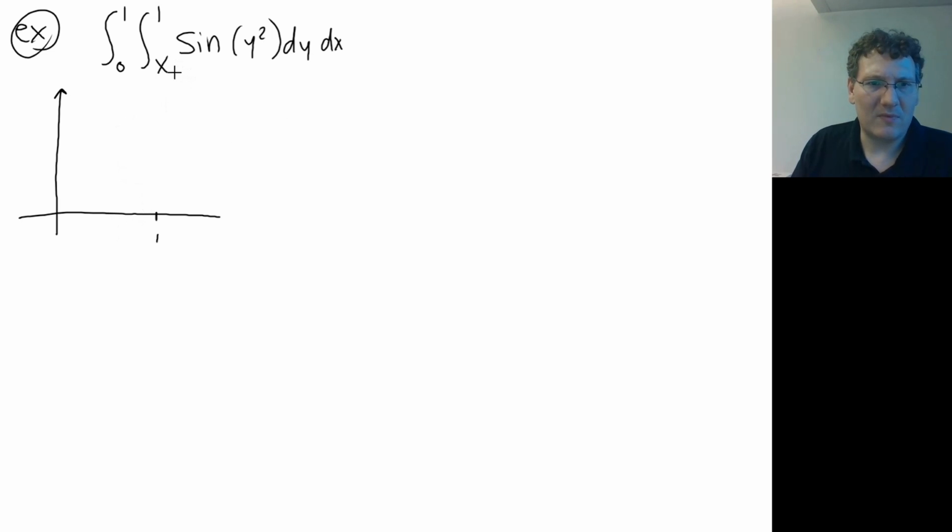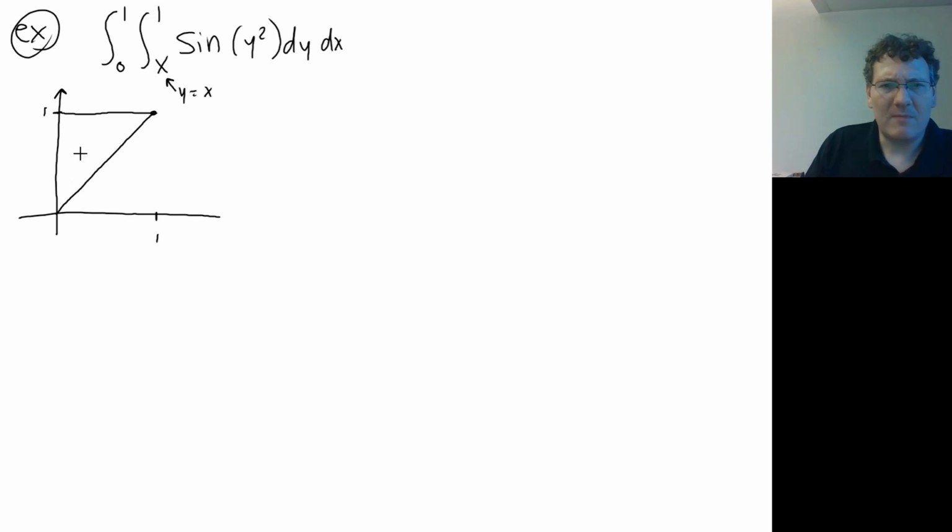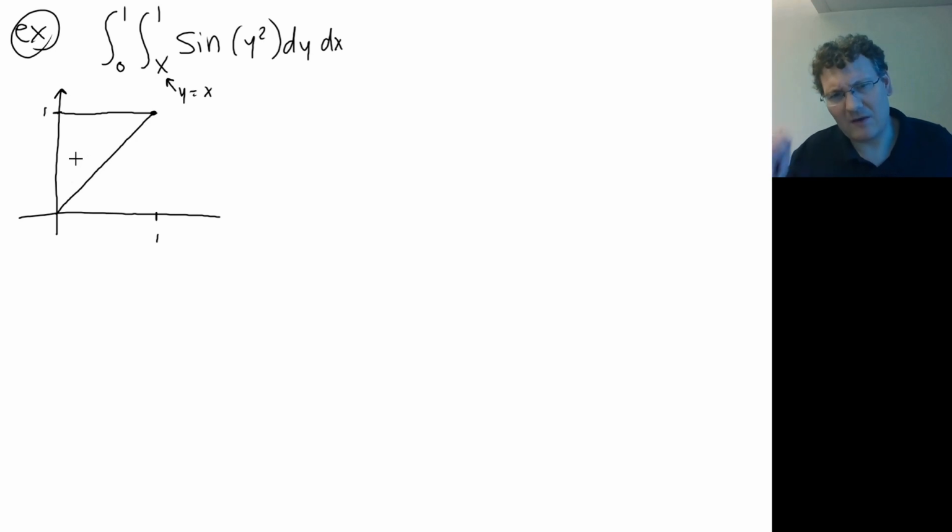Y is going from the line y equals x, that's a diagonal line, up to 1. So this is the triangular region that we're dealing with. But I want you to observe that this is actually the integral of the sine of y squared, which is not pretty.